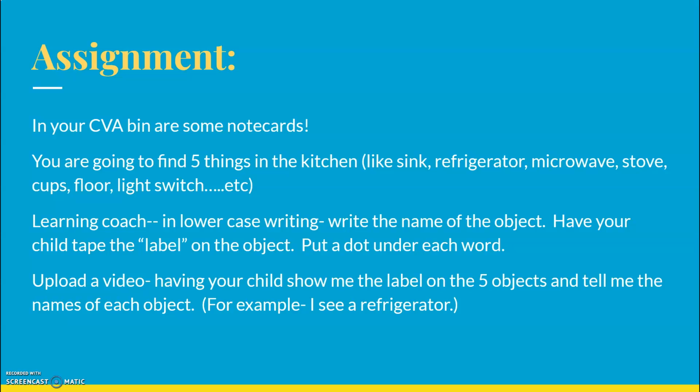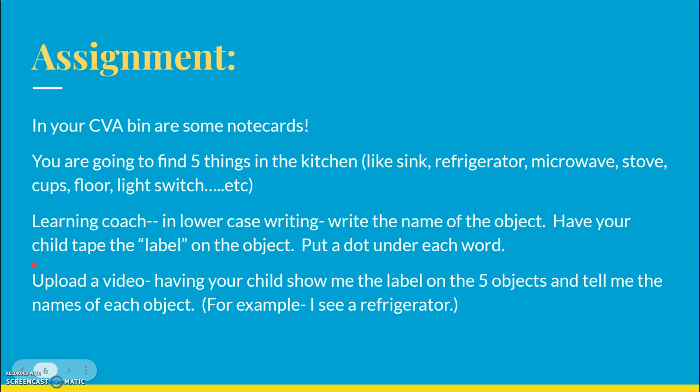I want you to pick 5 things that are in the kitchen. While you're doing that, your learning coach is going to write the name of the object. So if you picked, let's say, refrigerator, your learning coach will give you a label and you're going to tape the label on the object. And learning coaches, make sure you put a dot under each word.